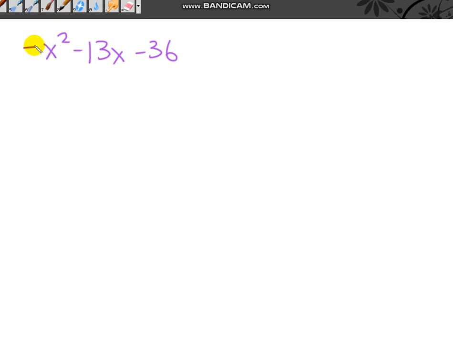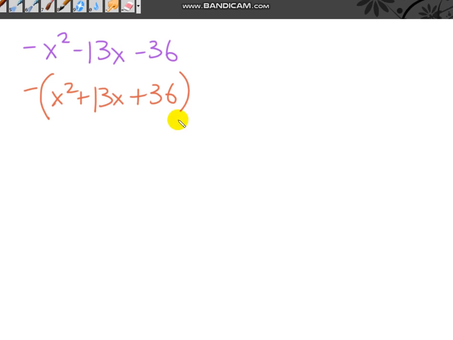Usually if you have a negative in front, you need to work backwards and pull out this negative sign from the rest of the expression. When we pull out the negative sign, we get x squared plus 13x plus 36.